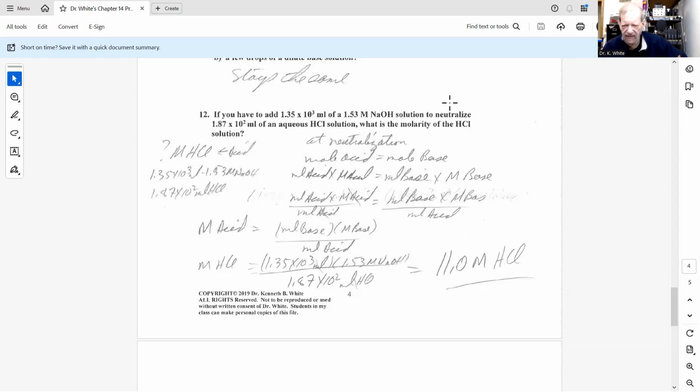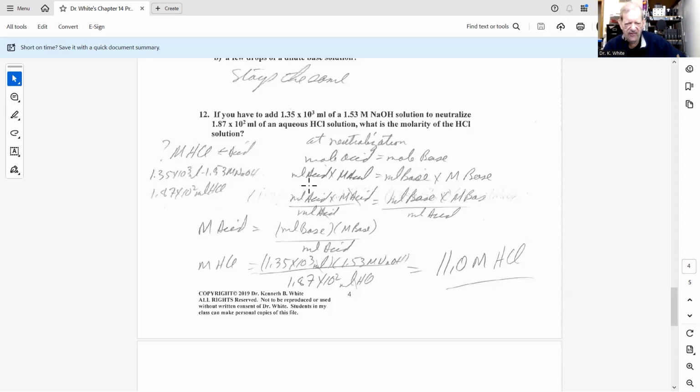First of all, as soon as you see the word neutralization, that means it's a titration. We're trying to find the molarity, capital M, of HCl, an acid. We're given the milliliters and the molarity of NaOH, a base. We're given the milliliters of the acid. At neutralization, moles of acid equal moles of base.